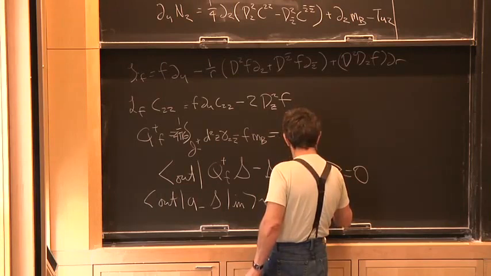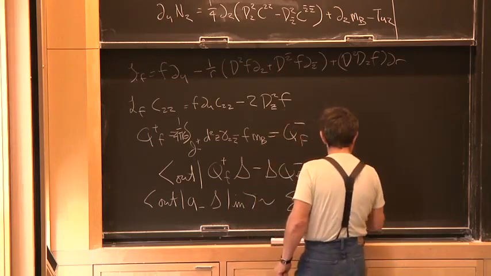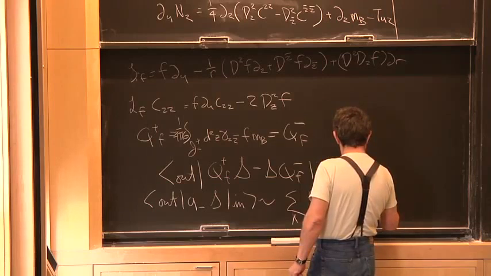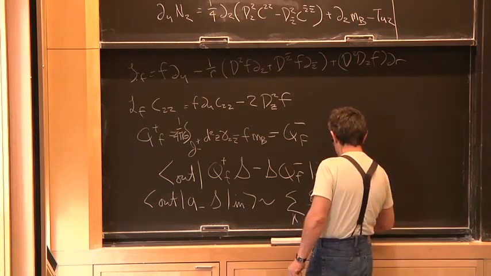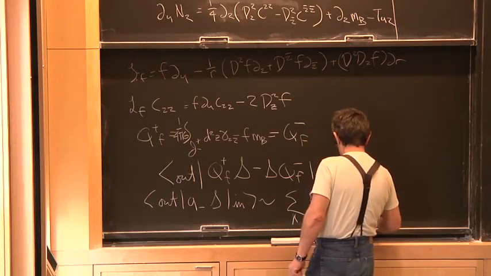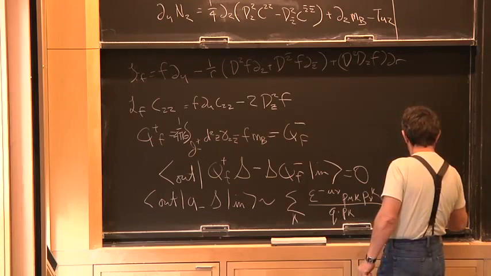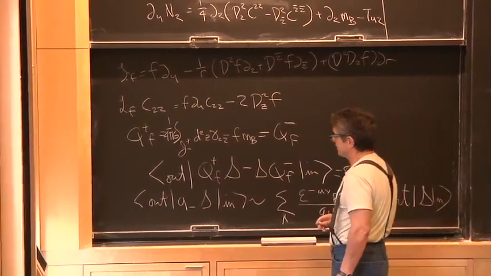So we have a negatively polarized graviton, epsilon mu nu, sum over all ingoing and outgoing particles, p mu k, p nu k over p dot q, times the same out S in without the soft graviton insertion.